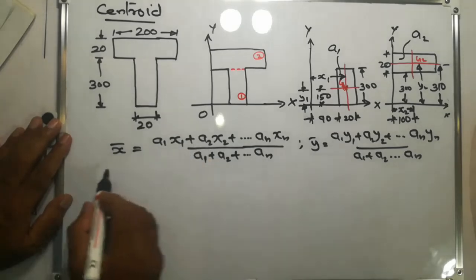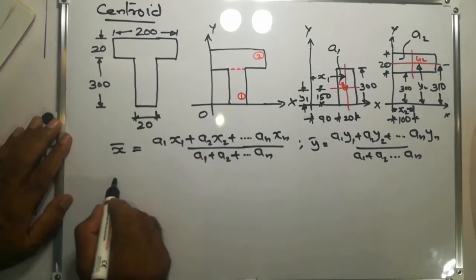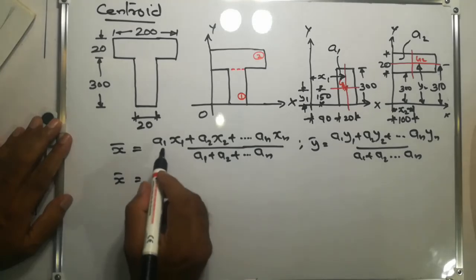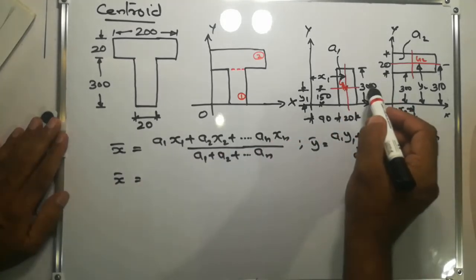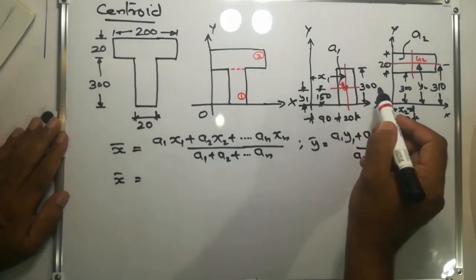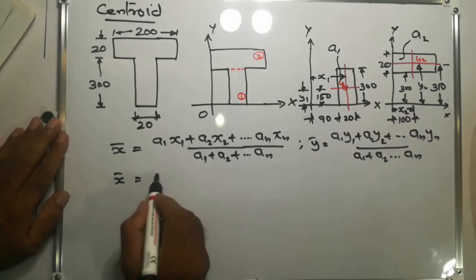Then let us calculate x bar equal to a1, which is 20 by 300, that is 6000.